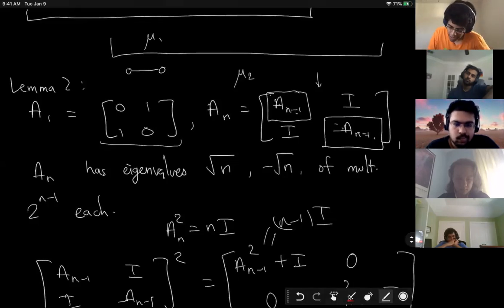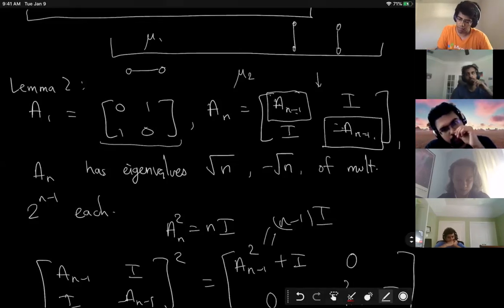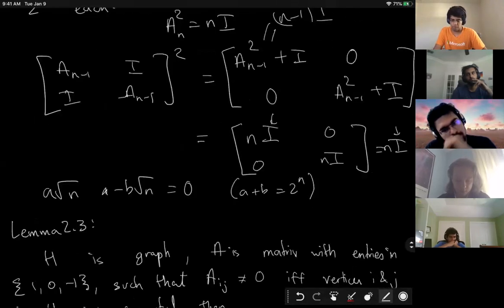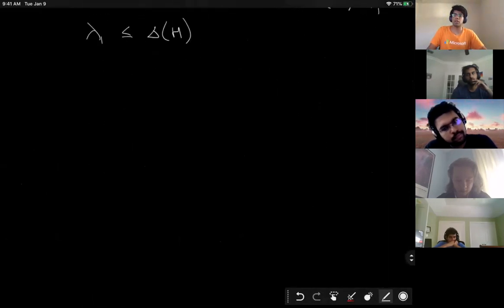So for example, you'd be taking two of these, and those would be your A_{n-1}, and then you connect them, which is the identity part. You can think about that if it's not clear to you. Maybe you just write it out for a couple of small values, like the square and the cube, and see why that's true.